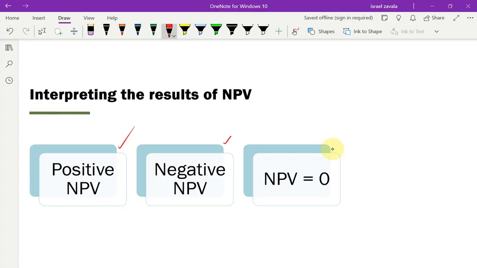A negative NPV means that the cash flows based on the discount rate are not enough, meaning we would actually lose money, lose value for the company. And an NPV 0 just tells us that that's going to break even. This is actually called the internal rate of return for the discount rate, but that's another video. I will get into internal rate of return.